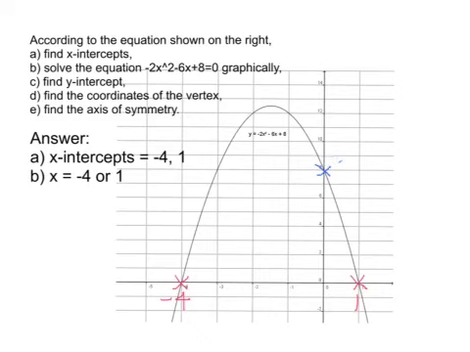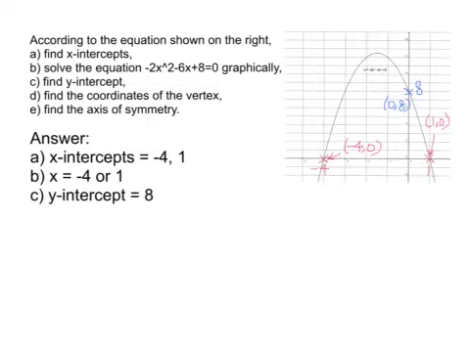I know this part is 8, so this coordinate is actually (0, 8). And if I come back to this part, the coordinates are (-4, 0) and (1, 0). So the y-intercept, very easy, is equal to 8. The answer for part C is just 8.